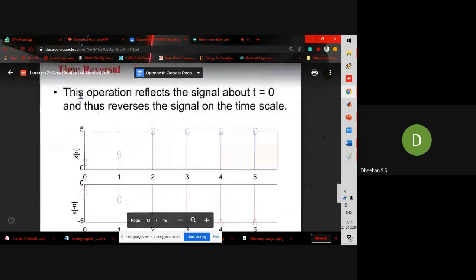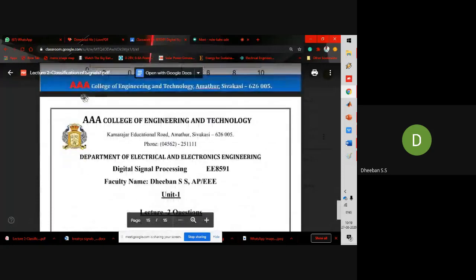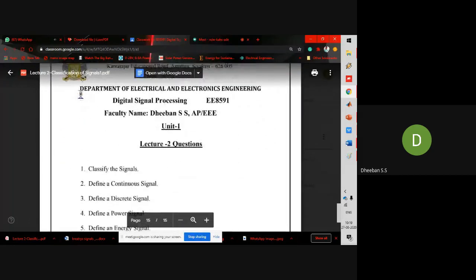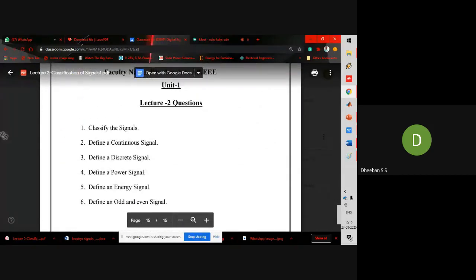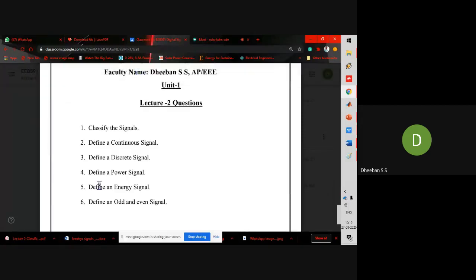From this, they might be asking these kinds of 2 marks questions. Apart from these 2 marks questions, they will also be asking problems. So in the next class onwards, we'll be jumping into the problems.